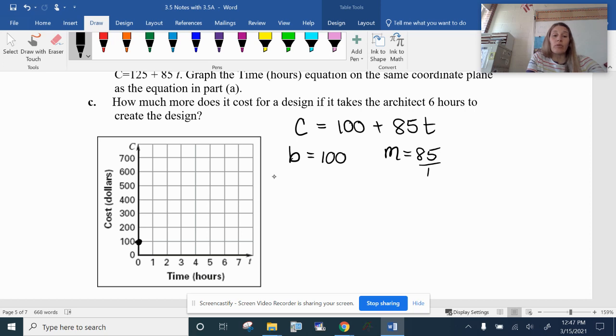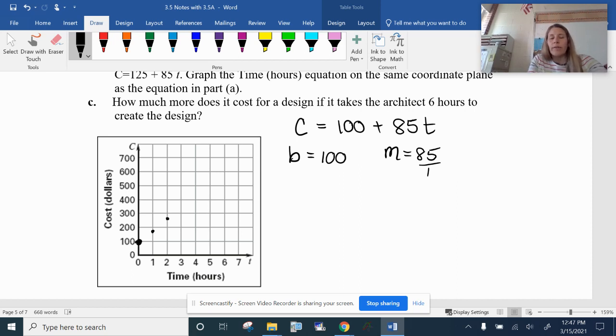The problem is the grid on the left here is going by hundreds. So to go up 85, I could estimate where 85 would be here and then go over about 1. And then I'd have to estimate another 85 and go over 1. So you could do it that way.